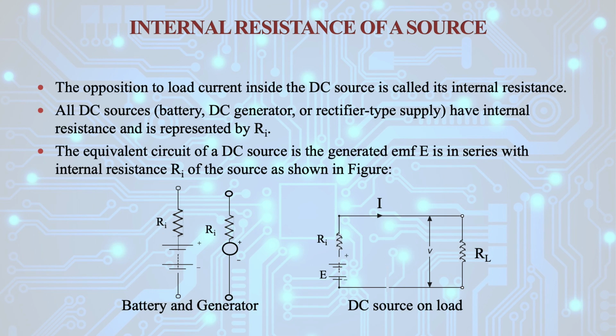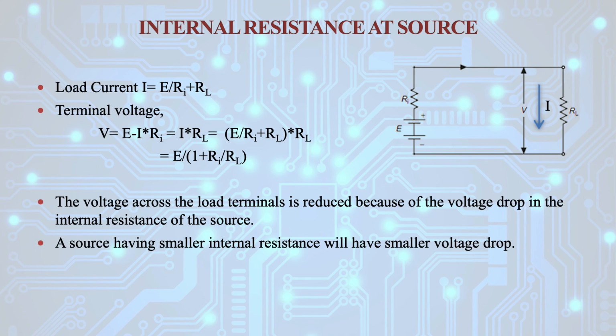If you want to calculate the voltage across load resistance RL, it can also be calculated as V equal to I into RL, where I is the current flowing through this circuit. So this load current can be calculated as I equal to E upon Ri plus RL, because these two resistances are connected in series.